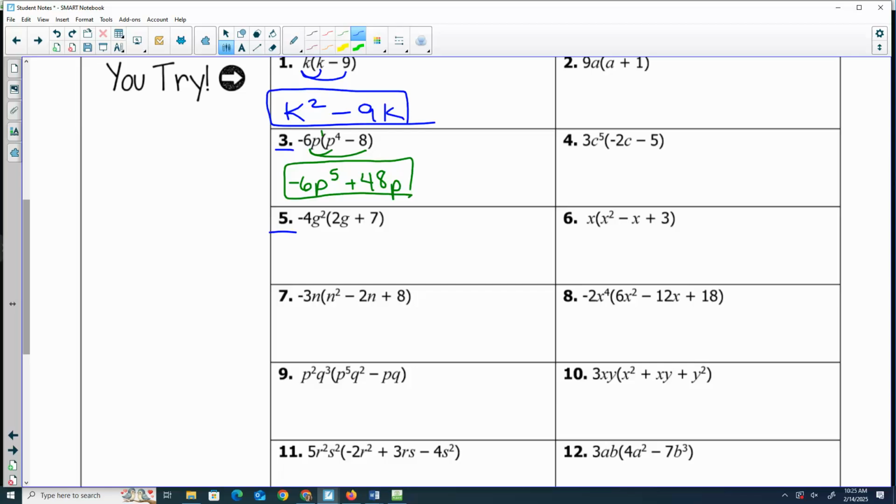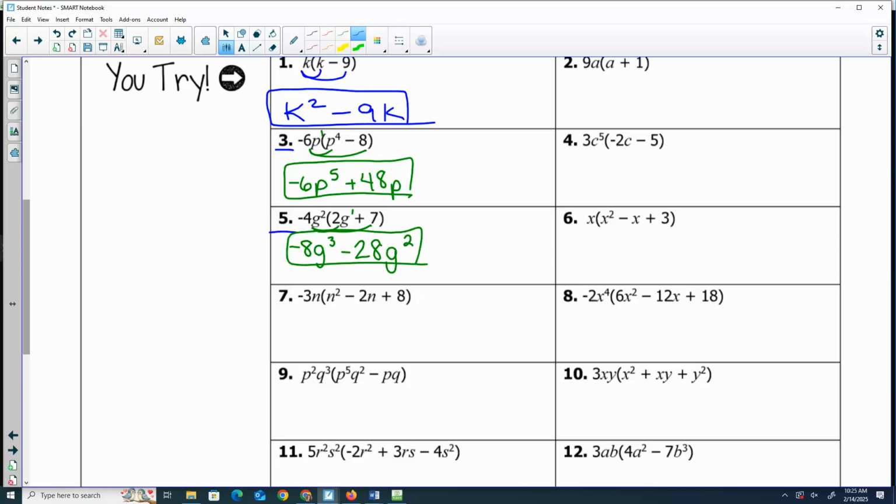Number 5. Negative 4g squared times 2g. So negative 4 times 2 is negative 8. G squared times g to the first, you add those exponents, so g to the third. Negative 4g times 7. So negative 4 times 7 is negative 28. We'll keep the g squared.